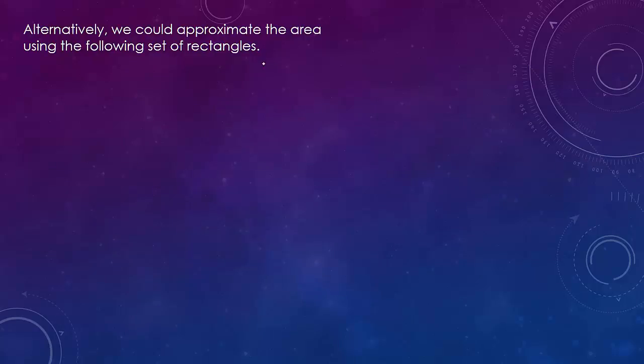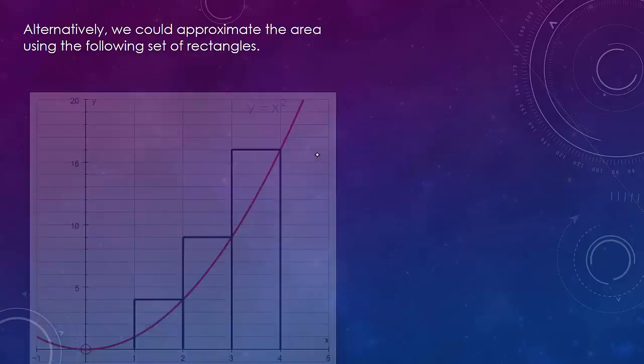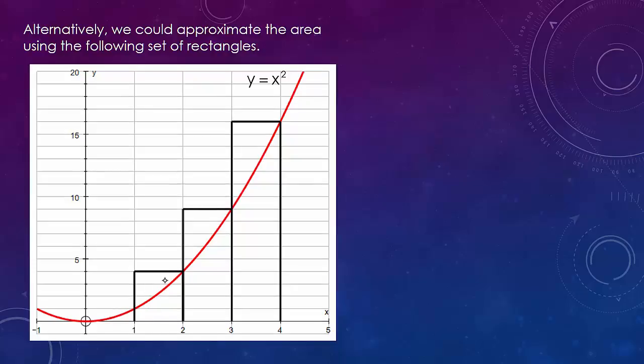Alternatively, we could approximate the area using the following set of rectangles, and here we have rectangles that fit over the curve. So we can see the height of this one is 4, and the height of this one is 9, the height of this one is 16. So using the same values here, but this time it's the rectangle of height 1 that we're not going to use.